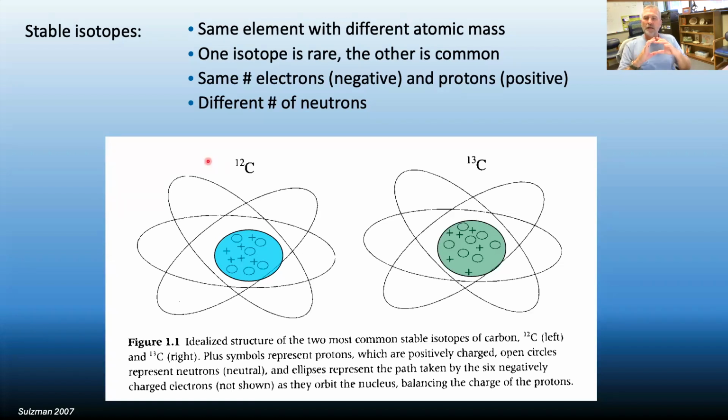But they have different atomic mass values. And those mass values vary depending on the number of neutrons that are present in here. So carbon is, in fact, one of those elements that has some isotopes. And that's part of what allows us to do carbon dating, right?